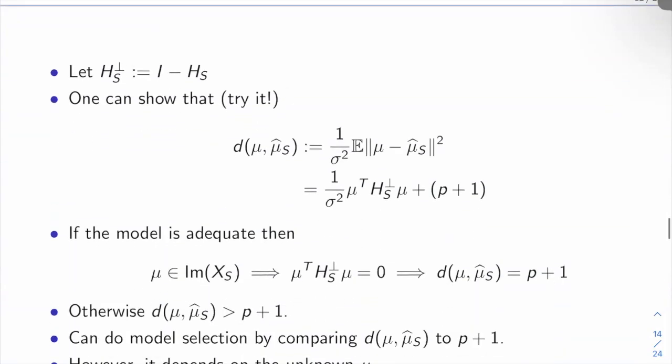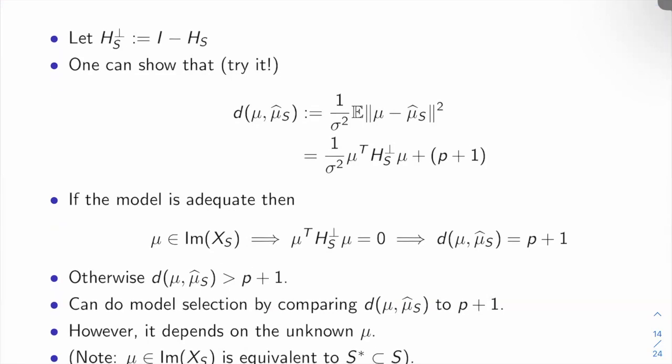Why this is interesting is because once you write things down, in the interest of time, what we can do is write down the expectation, and it turns out to be this quantity.